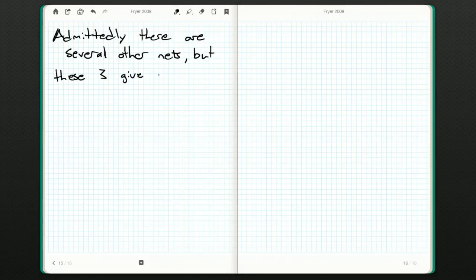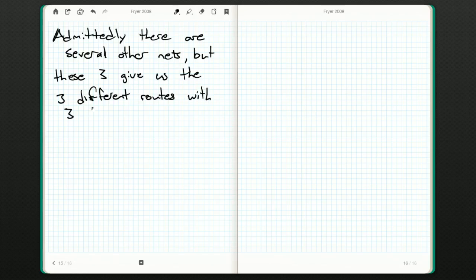Admittedly, there are several other nets, but these three give us 3 different right triangles. So we get, we had 5 plus 3 plus 4.